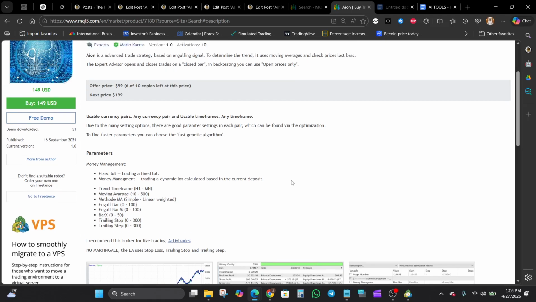So let's break down what's actually going on under the hood in a more practical way. The first thing is the trend identification system, which uses moving averages. Instead of just blindly taking trades, the EA tries to understand whether the market is trending upward or downward based on a selected trend time frame, usually something like H1 and above. What's interesting is how it combines that with engulfing candle detection.